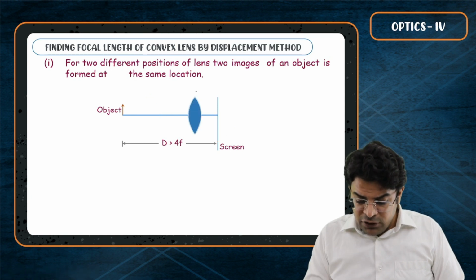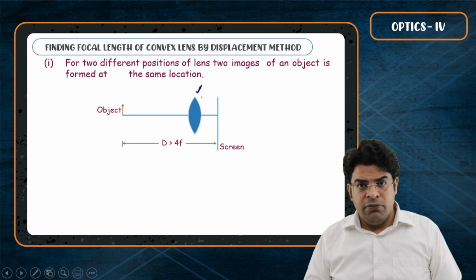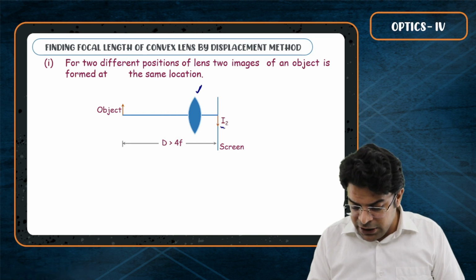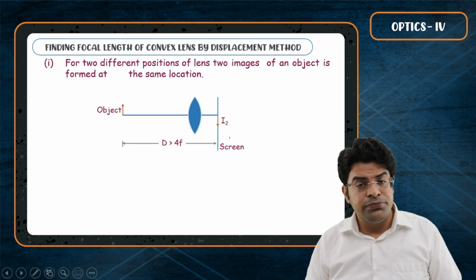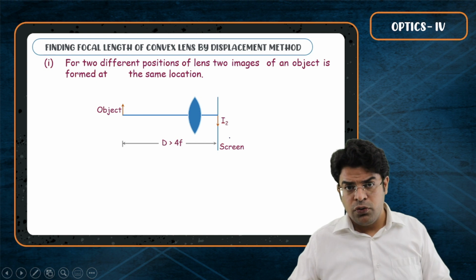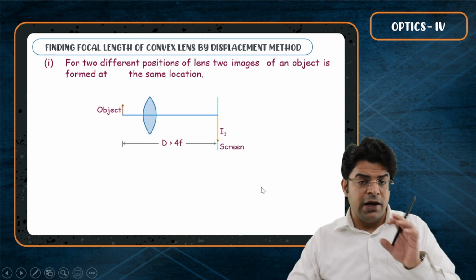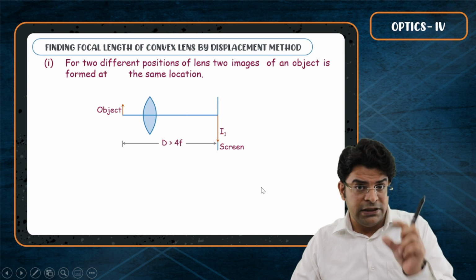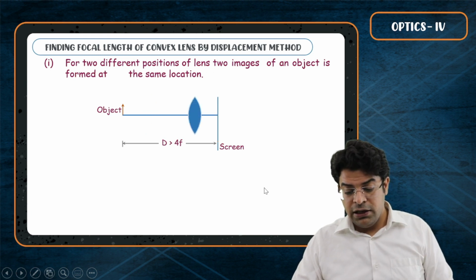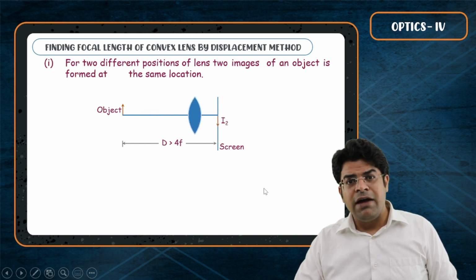Let's say for this position of the lens, the image is denoted as I2. Now what I want you to focus on here is that for two different positions of the lens, you are getting two different images. Why will this happen?